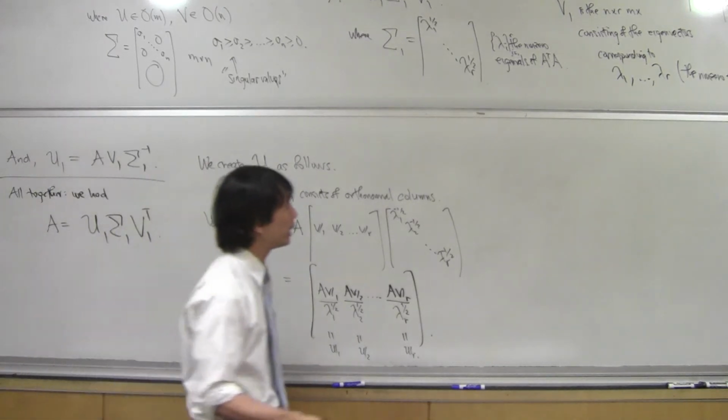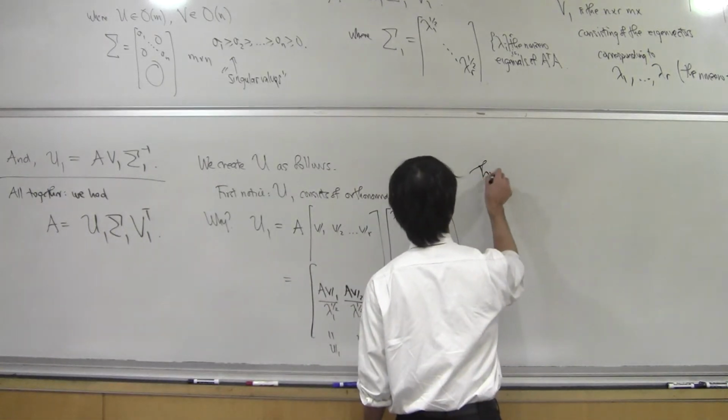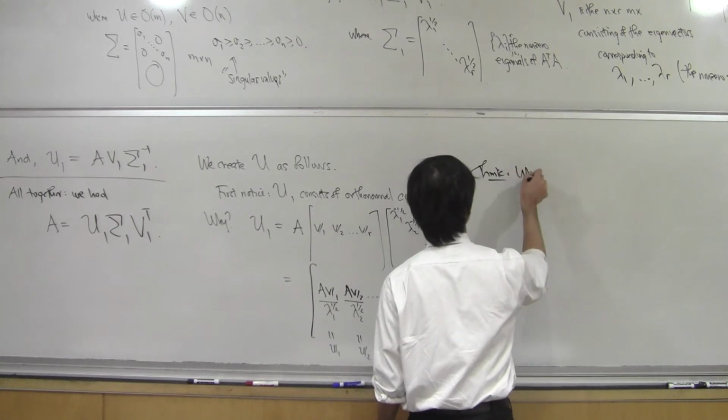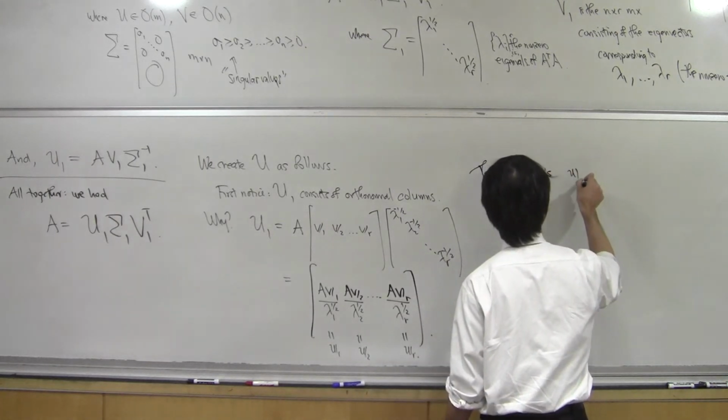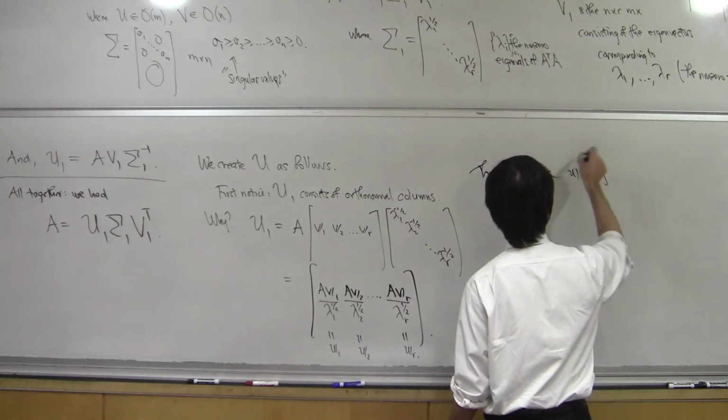Okay, and then think, what's Ui transpose Uj, right, the dot product?